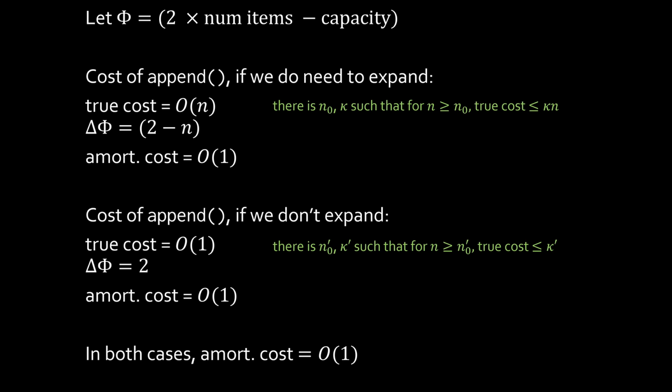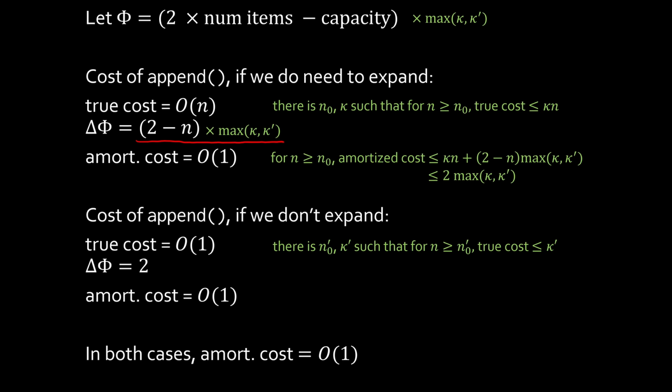And now let me actually modify my definition of potential. Instead of saying phi is twice number of items minus capacity, I'm going to multiply it. And I'm going to choose the multiplier max of kappa, kappa prime. I'm going to choose that multiplier big enough that it can cancel out the two big O notations. So let's just follow through how that works. The change in potential is now 2 minus n times the maximum of kappa and kappa prime, using our modified definition of potential.